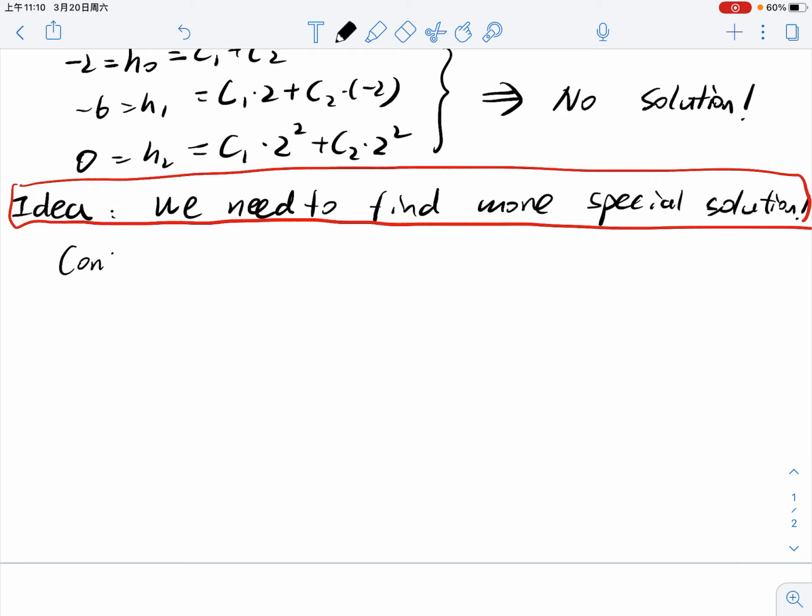Here, let's consider n times 2 to the nth power instead of 2 to the nth power. And what do you have? Plug into the recurrence relation.